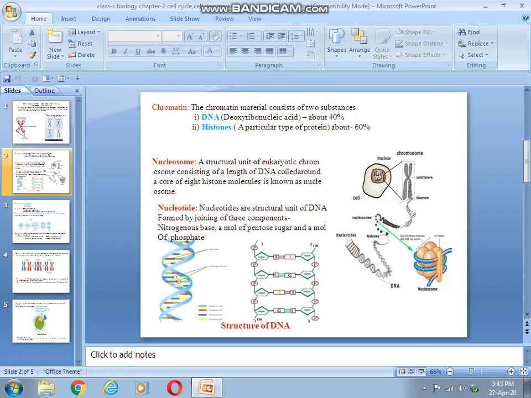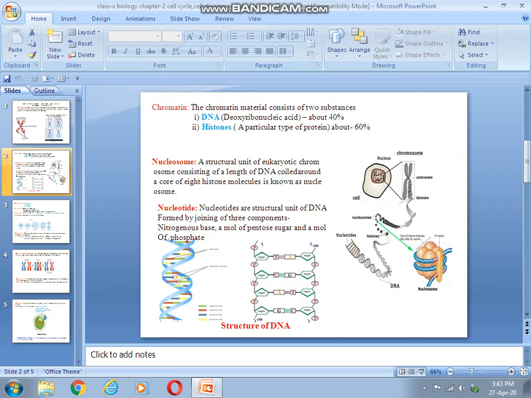DNA, it's a kind of nucleic acid, you know, and the full form of DNA is deoxyribonucleic acid. 40% DNA, that is nucleic acid, and 60% type of protein, that is histone. So chromatin fiber consists of two substances, DNA 40%, histone protein 60%.